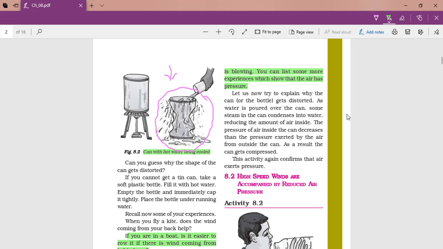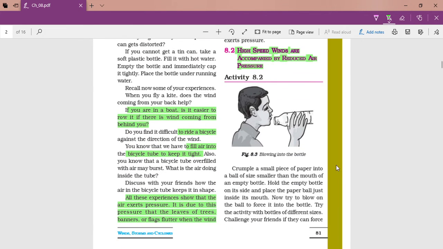Now, the second property: high speed winds are accompanied by reduced air pressure. Air moves from the region of higher pressure to the lower pressure. The greater the difference in pressure, the faster the air moves. It is due to the heat of the sun that air becomes warm, producing a low pressure.